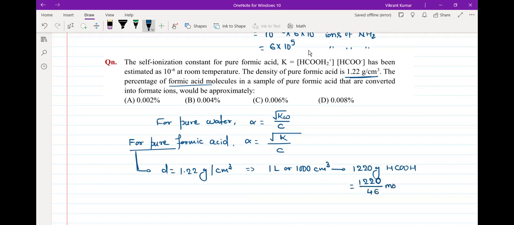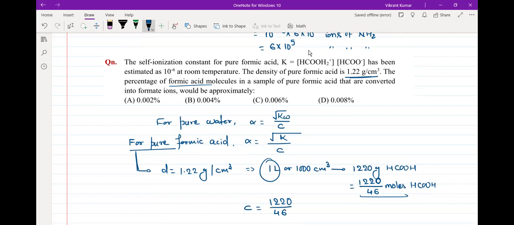So these many moles of HCOOH we have got in 1 liter, so this is the value of C. So we'll write C is nothing but 1220 upon 46.